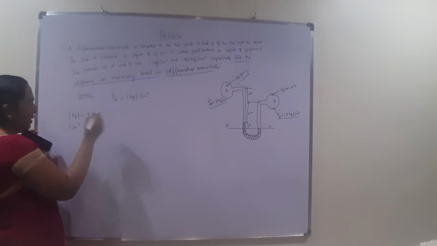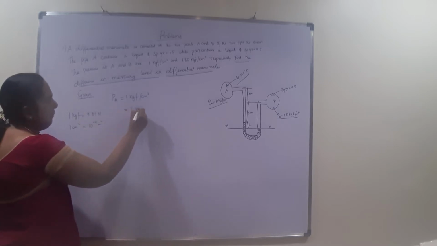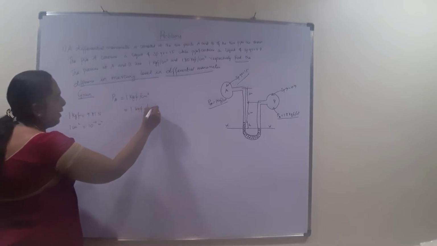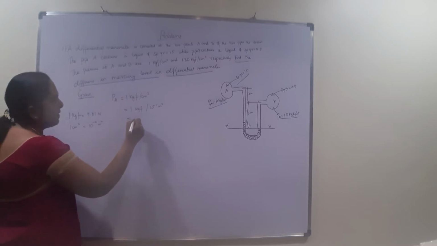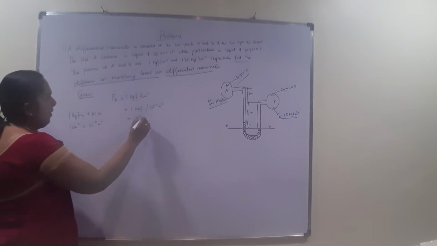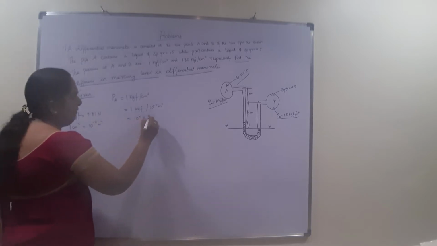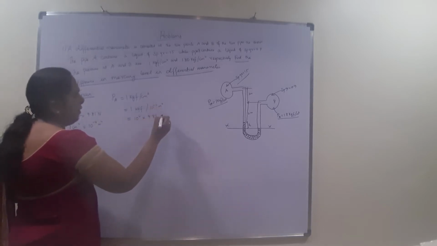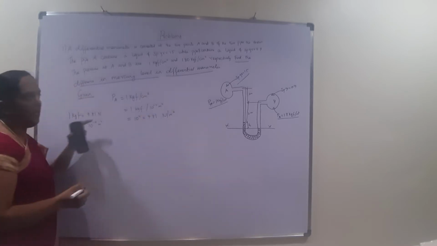So 1 kgf divided by 10 power minus 4 meter square; since it is division, we take that to the numerator. So the answer will be 10 to the power of 4 for converting centimeter square into meter square, and for converting kgf into Newton, we multiply with 9.81. So the unit now is Newton per meter square, and we know what PA is.